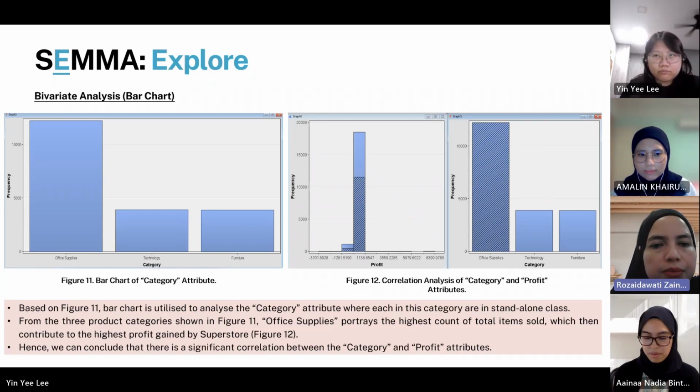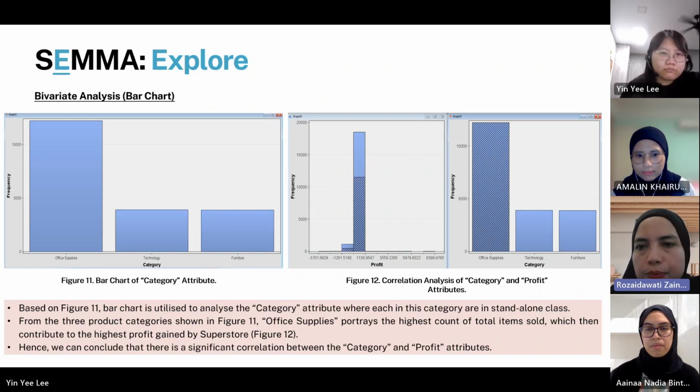Based on this diagram, bar chart is utilized to analyze category attribute, where each variables under category attributes are stand-alone class. From these three product categories, office supplies portrays the highest count of total items sold, which then contribute to the highest profit gained by Superstore. And based on this diagram, we can also conclude that there is significant correlation between category and profit attributes.